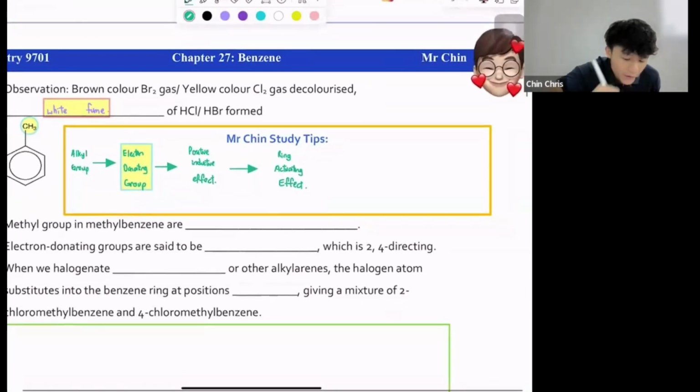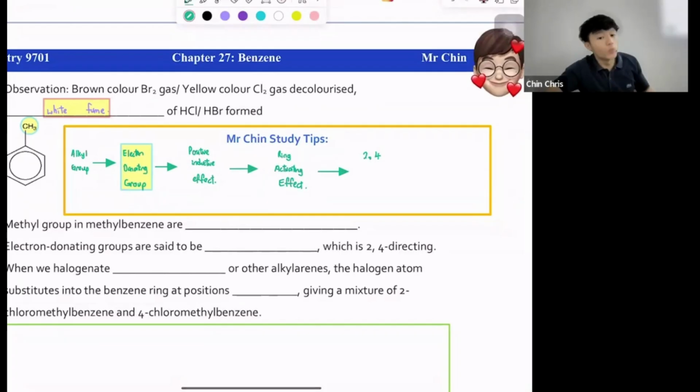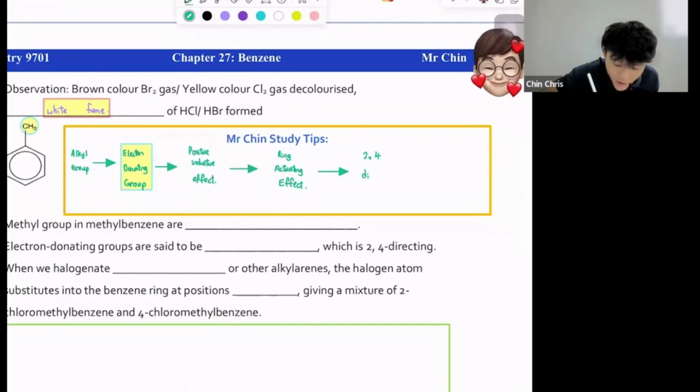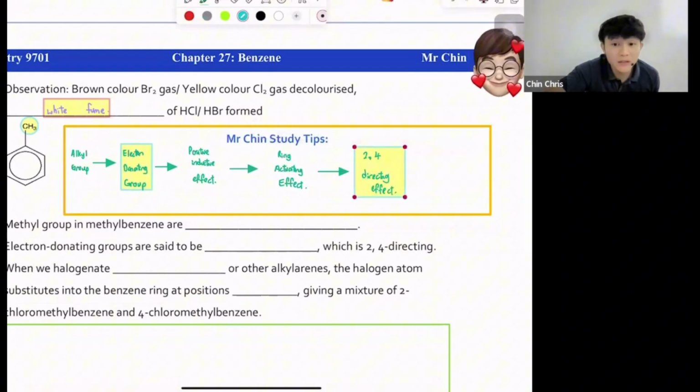When the ring gets activated, position 2 and position 4 will be open. So we call this a 2-4 directing effect. Hey guys, this you have to memorize. Last time it's given in your data booklet. Nowadays, you guys have to memorize.